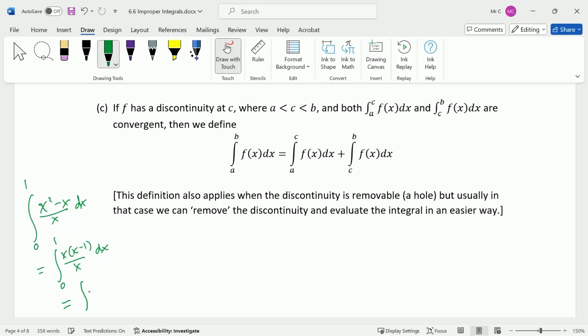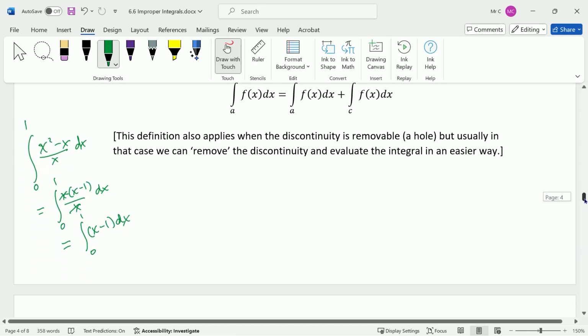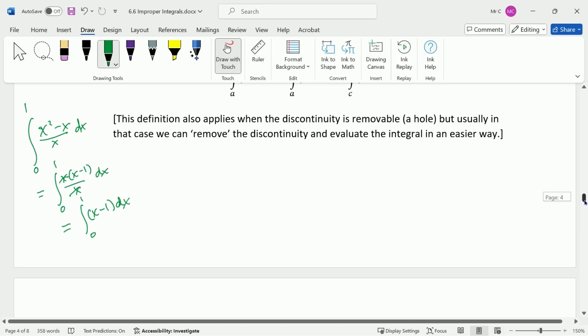Although these functions won't be identical, they will have identical integrals, so I can cancel the x over x and evaluate this way. So in the case of a hole, rather than an asymptote, we usually would just remove the discontinuity by canceling some factor or simplifying in some way, and then evaluate the integral in our standard ways. But if we have an asymptote, then those discontinuities aren't removable, so we don't have that option.